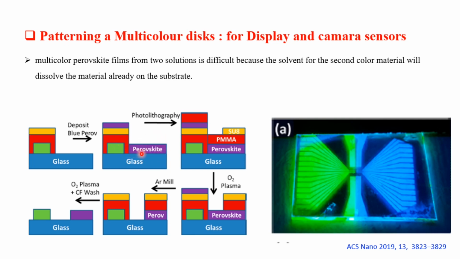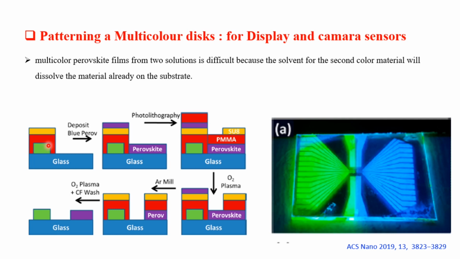So to pattern this, we have to first protect the first deposited pattern. For that we use PMMA and SU8 over this patterned disk.